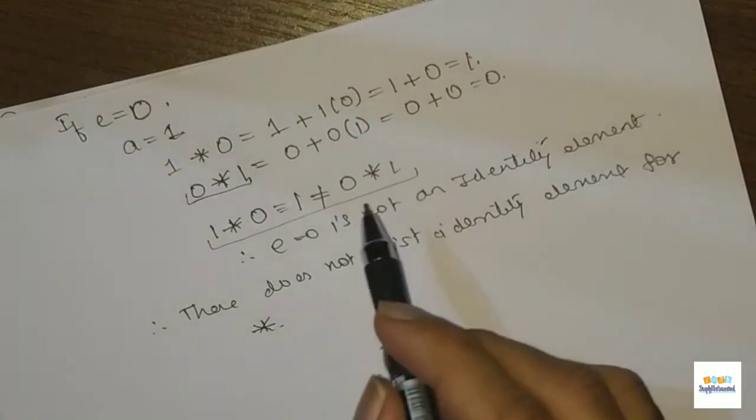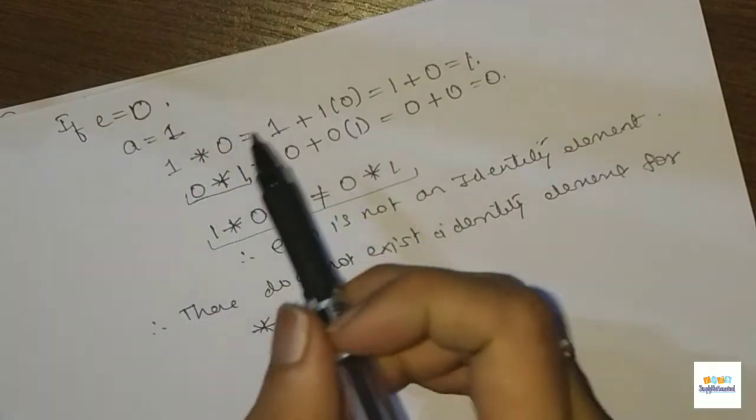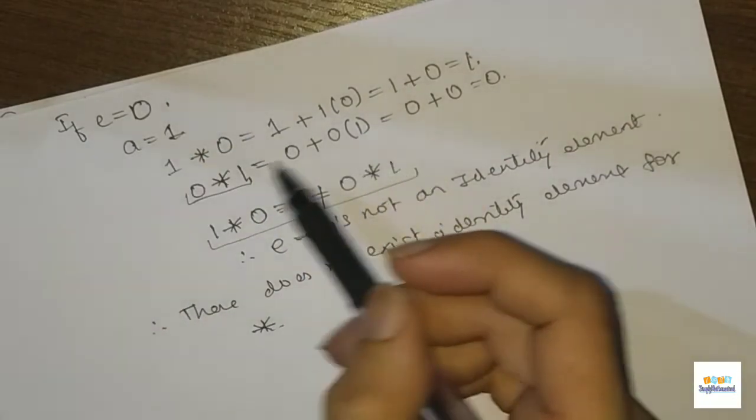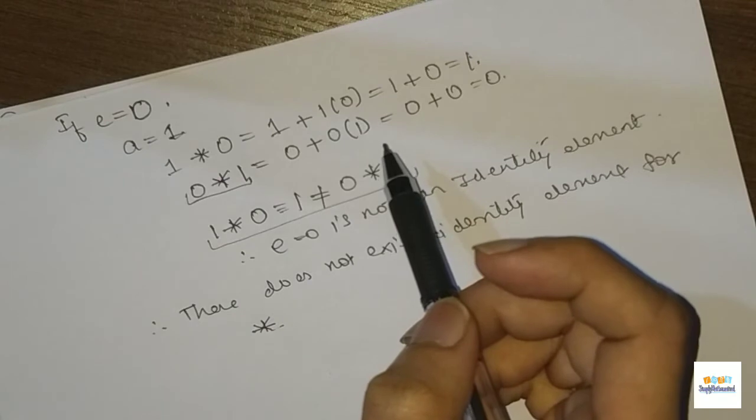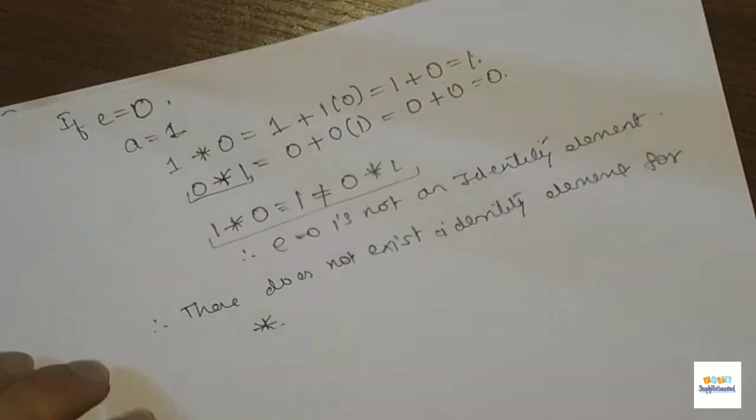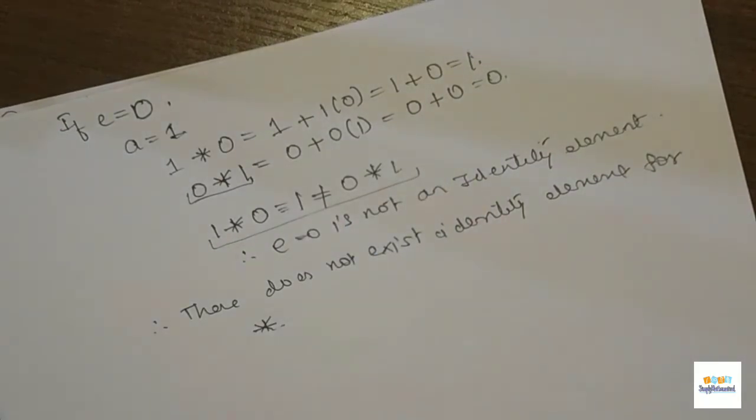Because if we take the condition of the identity element and if we check what is the element E, we are getting it as 0, right? But that 0 does not satisfy the condition, okay? So we had only taken the left hand side, by the way, okay?